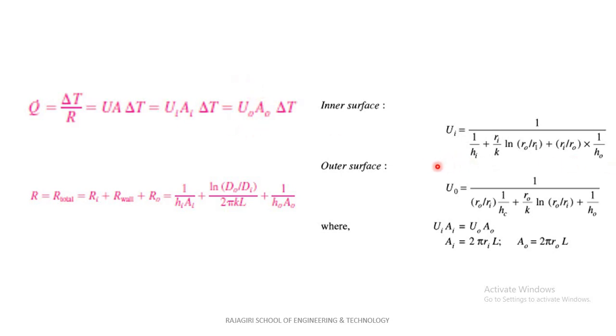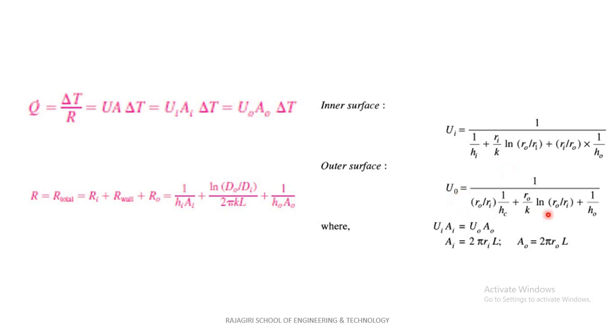Here you can see the equation for the overall heat transfer coefficient. This equation also we have derived in the first module. Ui is equal to 1 by hi plus ri by k ln of r0 by ri plus ri by r0 multiplied with 1 by ho, where r0 is the outer radius of the inside tube, ri is the inner radius of the tube, hi is the inside heat transfer coefficient, ho is the outside heat transfer coefficient, k is the thermal conductivity of the separating wall.